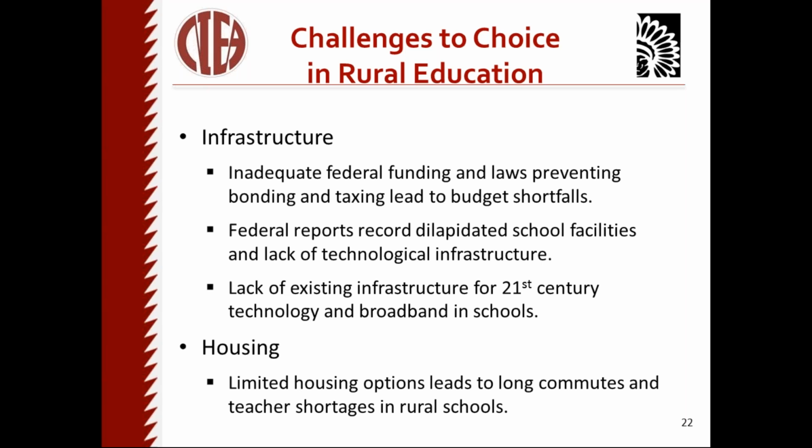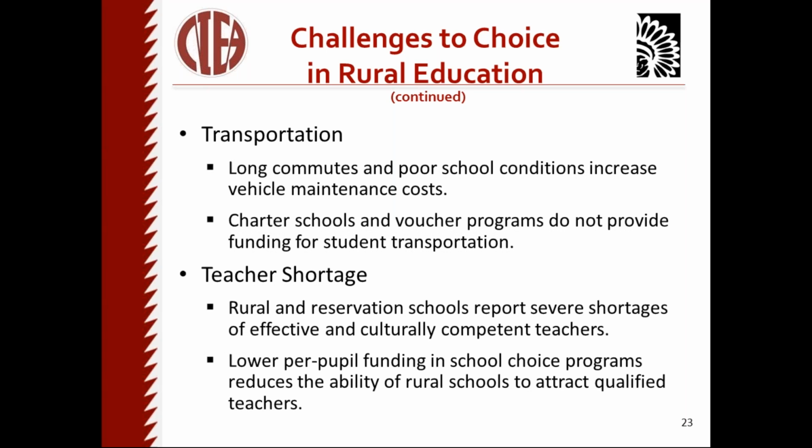And then housing. Housing shortages remain a key barrier to attracting teachers to Indian lands. When we did a budget briefing just yesterday in the Senate, we were mentioning that as we look at teacher recruitment, law enforcement recruitment, medical professional recruitment, we have to address the housing issues holistically, or we're only fixing part of the problem.